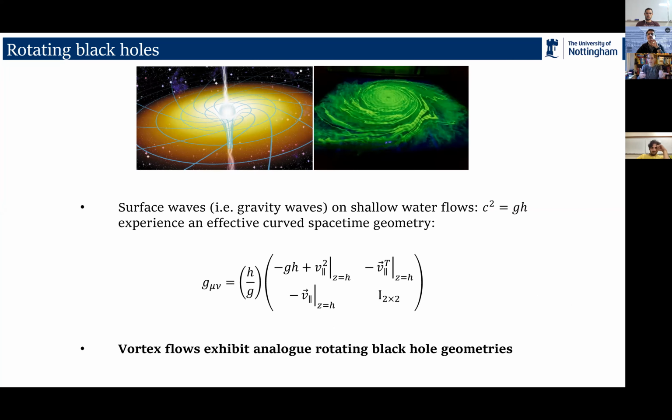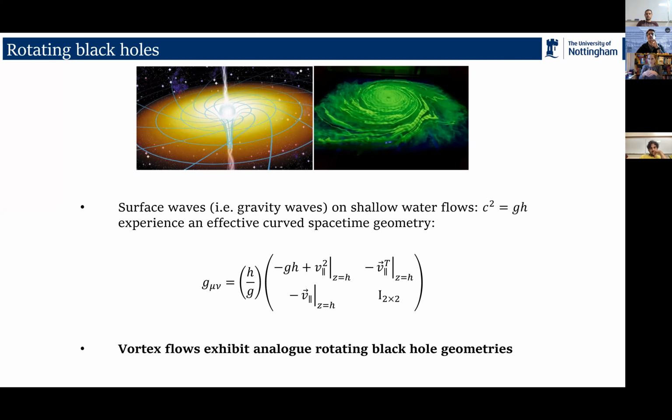And what you can show is that surface waves propagating on this interface experience an effective 2+1-dimensional spacetime geometry. Then there are various approximations, assuming that I have really a two-dimensional fluid flow. So I'm in the shallow water approximation. I have a velocity profile, which in cylindrical coordinates has a radial and an azimuthal, or angular, component.